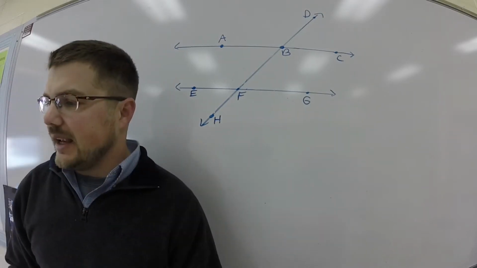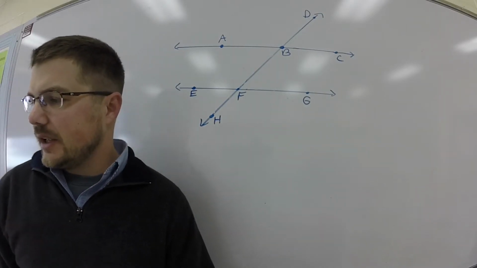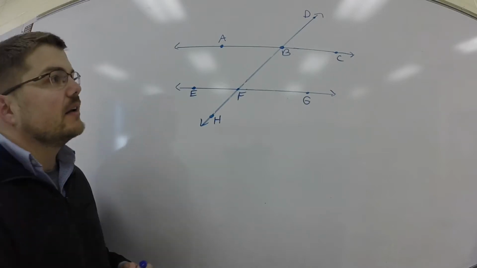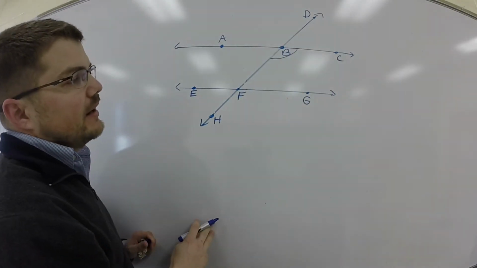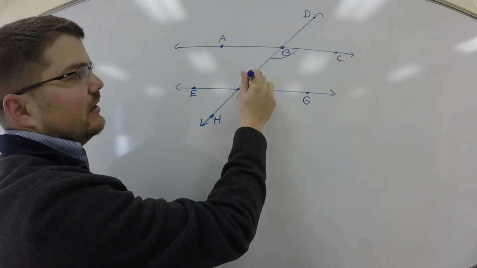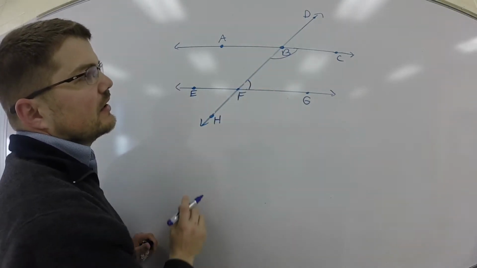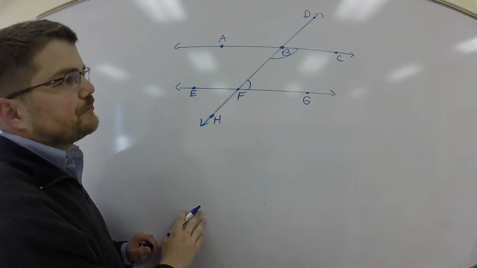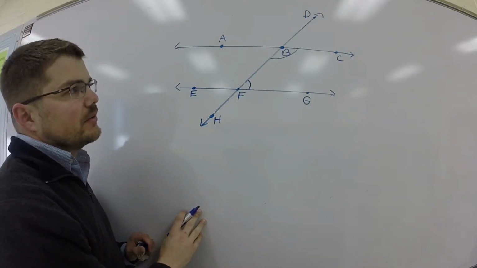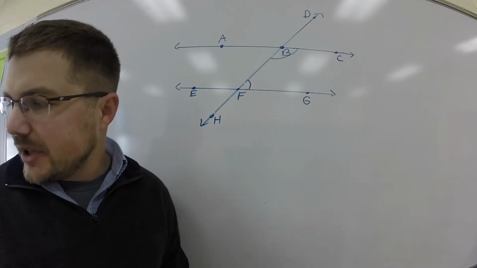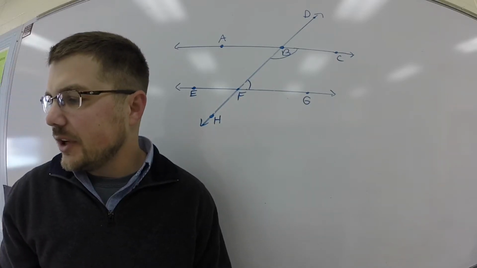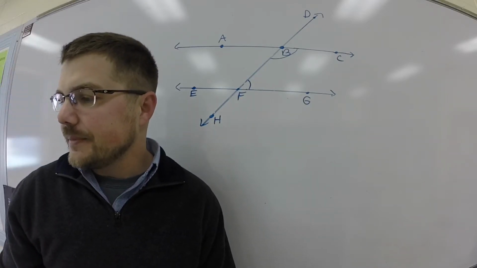Number five says angle CBF and GFB are. Angle CBF is this one here, and angle GFB is this one here. What are we going to call these angles? Our answer choices are supplementary, complementary, vertical, adjacent, and alternate interior.